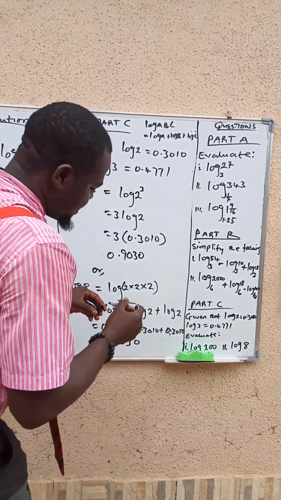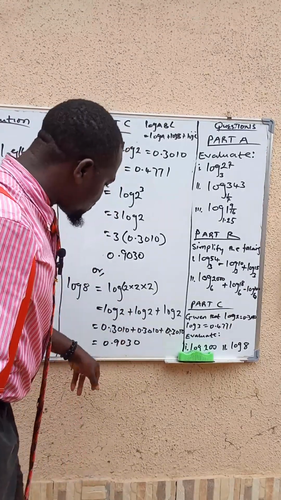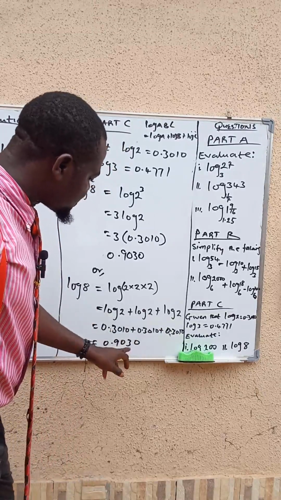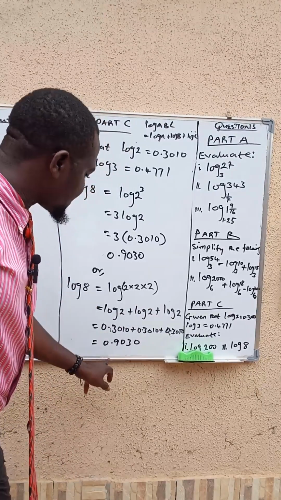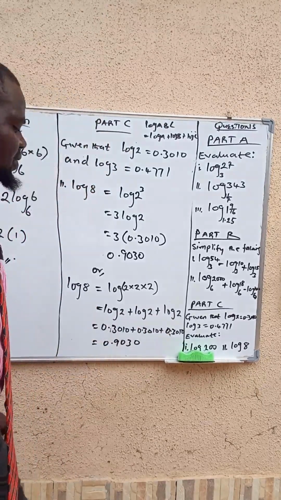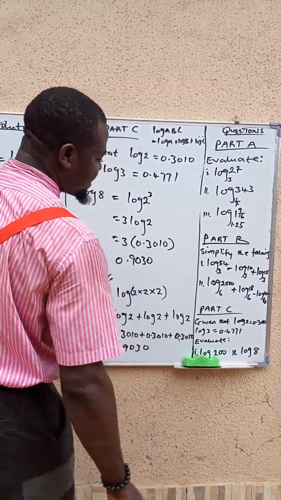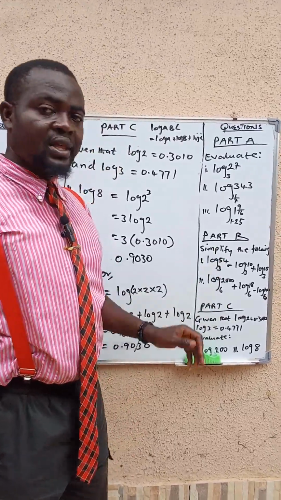When you add them, 0 plus 0 plus 0 is 0, 1 plus 1 plus 1 is 3, 0 plus 0 plus 0 is 0, 3 plus 3 is 6, 6 plus 3 is 9, and 0 plus 0 plus 0 is 0. So that is that about that. There's nothing too big about it. So try to play with this.